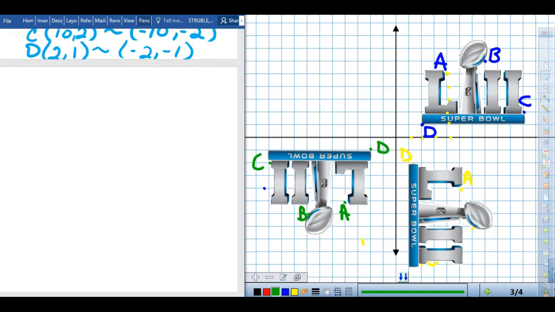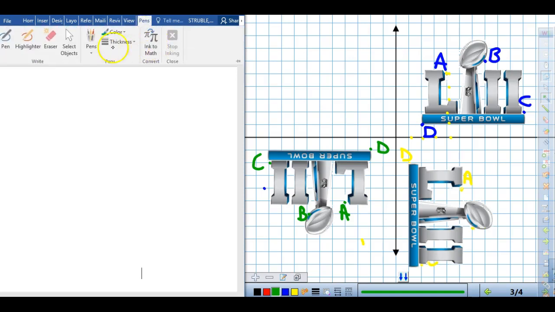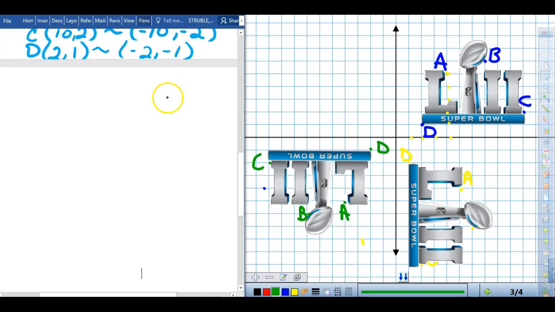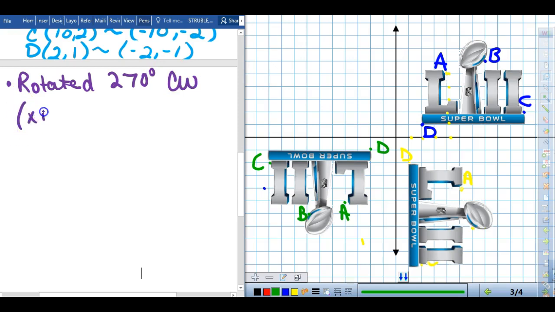The only one left, which is our 270. Okay. So when we rotate a figure 270 degrees clockwise, what happens is our original ordered pair (x, y) becomes (-y, x).